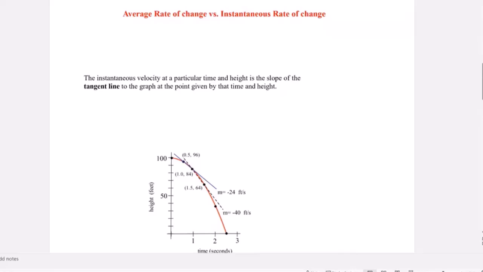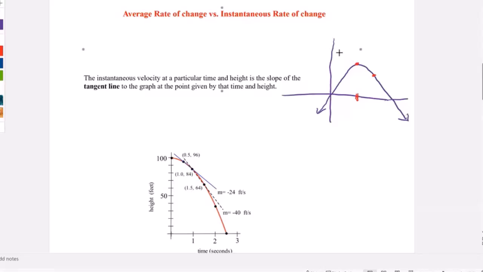All right, so now let's say we have the average rate of change versus instantaneous rate of change. Well, the average rate of change, we said, if we have a graph, let's say this is our graph, and if I pick a point here and I pick a point here, I can connect those two points with a line.